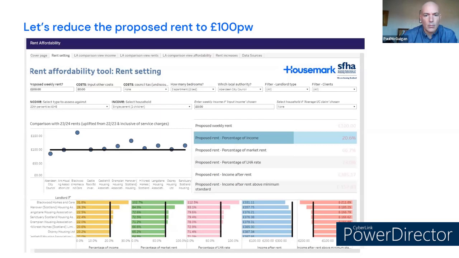So you can see there that by reducing the rent, obviously, it's common sense, but you can see there that the percentage of income that tenant would be spending on rent is reduced from 33% to 20%. So it really is about playing around with the tool, seeing what the data tells you, and not worrying about breaking it, because you won't.